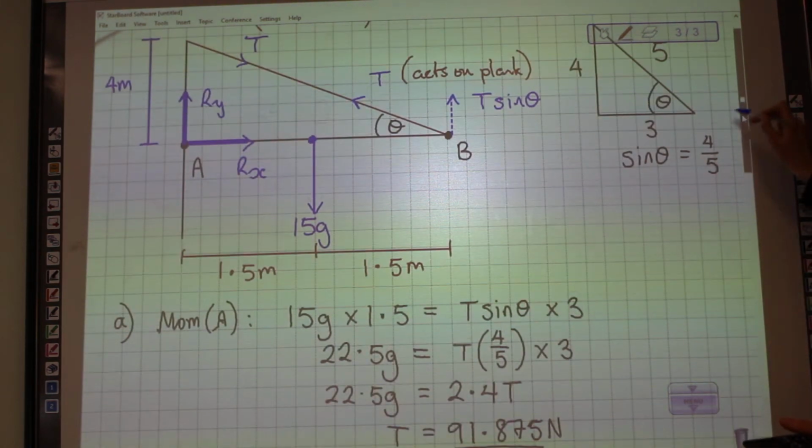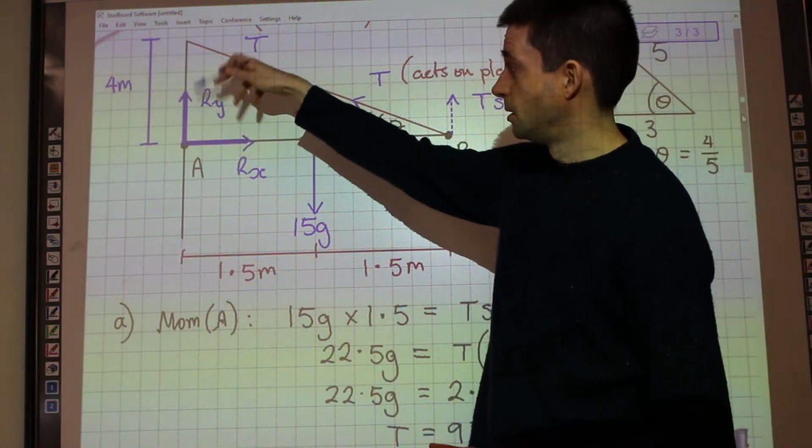So that's found me the vertical component of the reaction at the hinge.